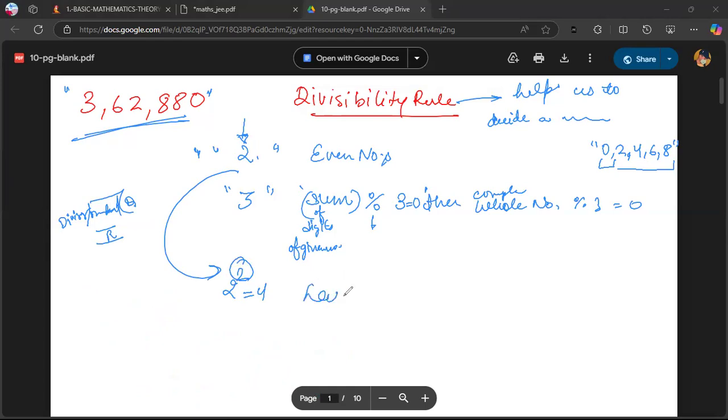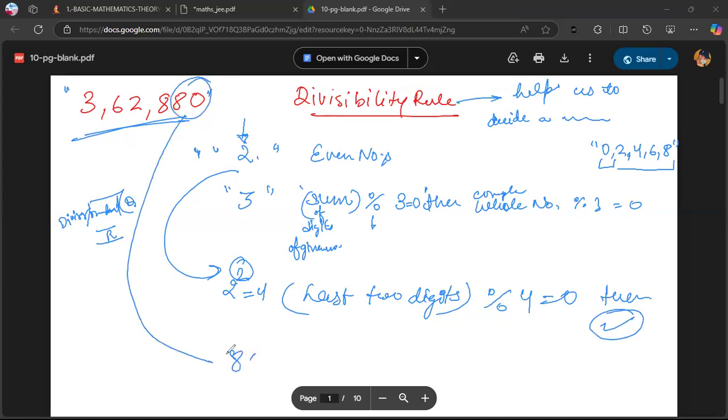The last two digits of the given number, if they are divisible by 4, then the whole number will be divisible by 4. And its remainder will be 0. There will be some quotient. Clear?